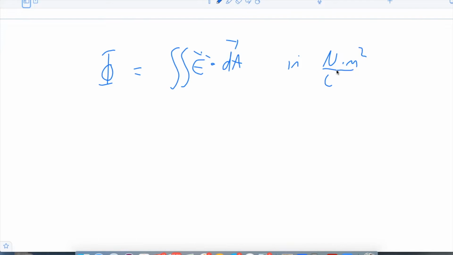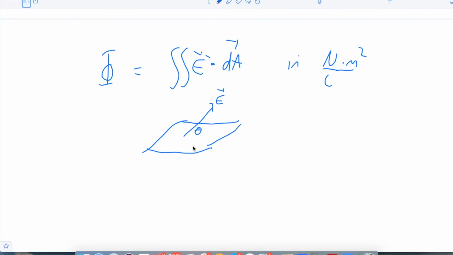So for a very simple situation, if I've got just some flat area that's not changing, supposed to be a flat rectangle, and some electric field pointing through at some angle, then the dot product of two vectors is the product of their magnitudes times the cosine of the angle between them.